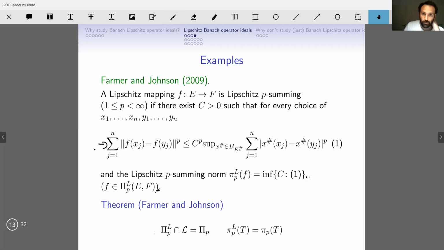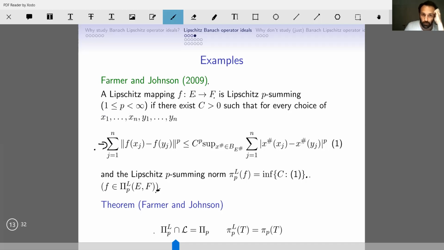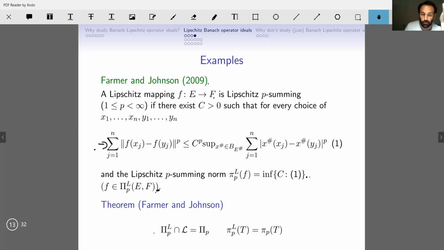The original definition of Lipschitz p-summing mappings was given when E and F are metric spaces. Note here that if we change the norm by the distance of a metric space, we have the same definition. We can extend it, but as I said, we will consider just Banach spaces here. Farmer and Johnson showed that this class of Lipschitz functions extends the p-summing linear operators.